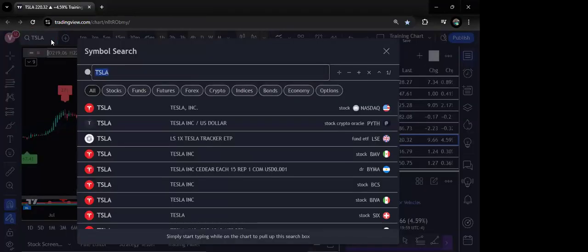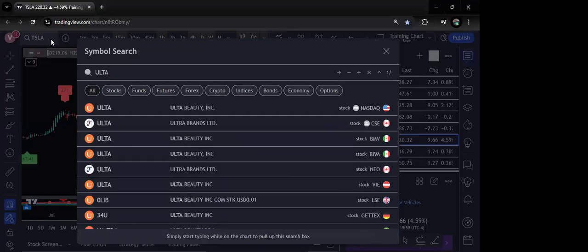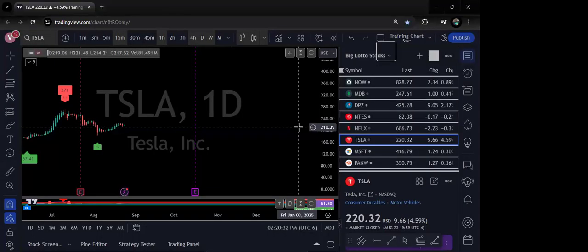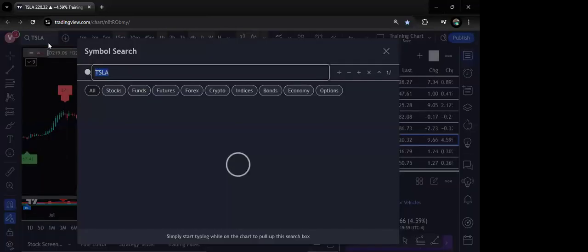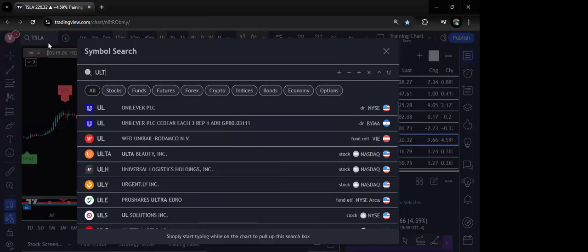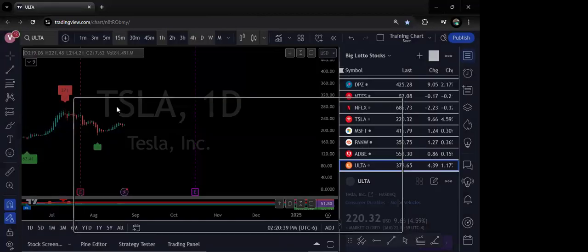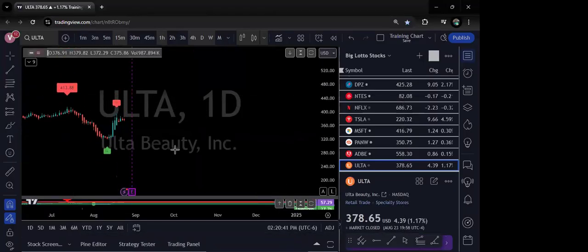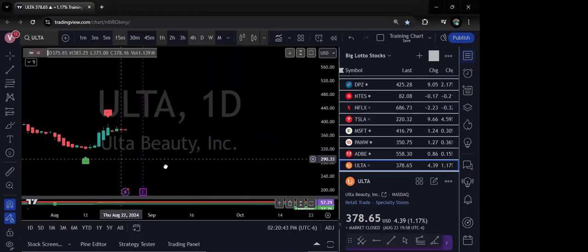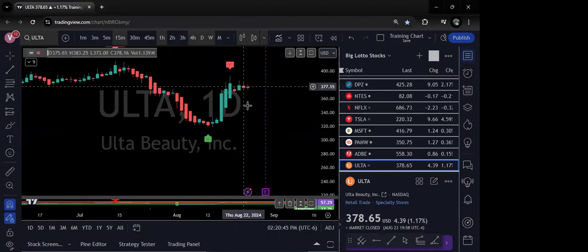Okay, if you look at the stocks now that are trending up, which stock? Let me look at Alta first, which was also bearish. So Alta did not have a wide range candle.